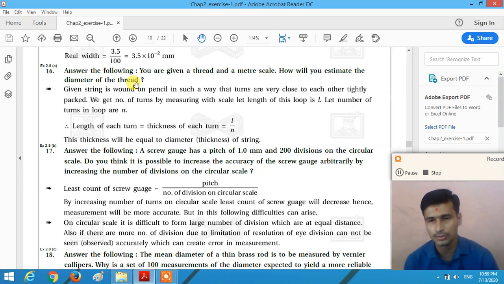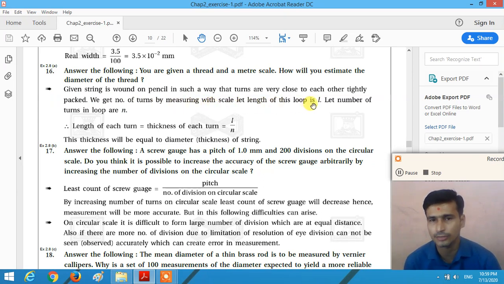So how can you estimate the diameter of the thread? The string is wound on a pencil in such a way that the turns are very close to each other, tightly packed. We get the number of turns by measuring with the scale.